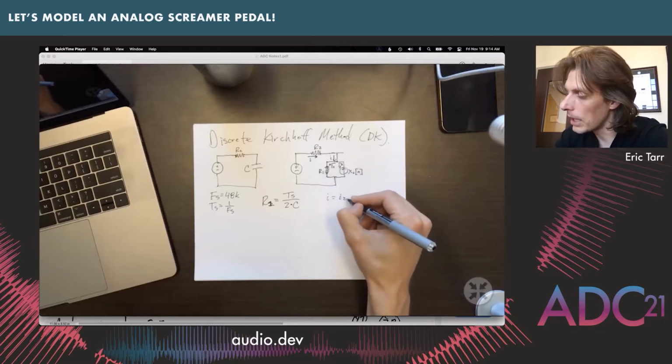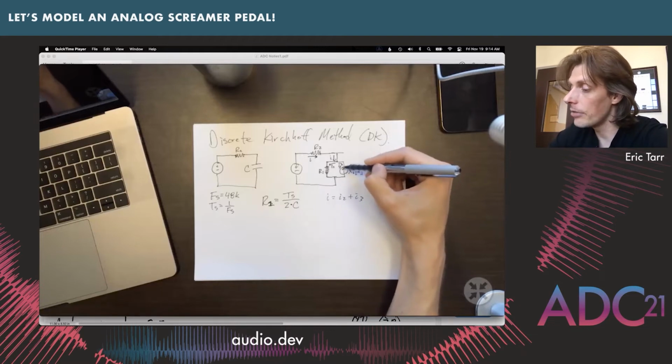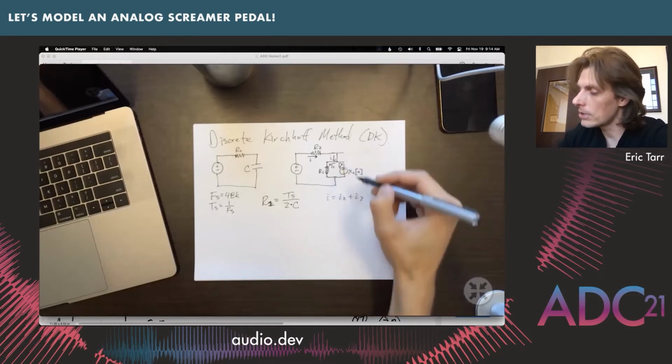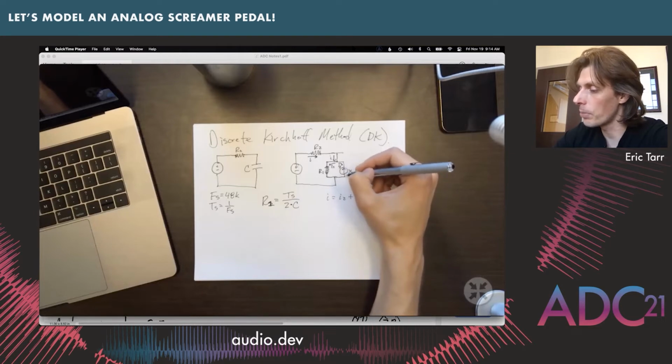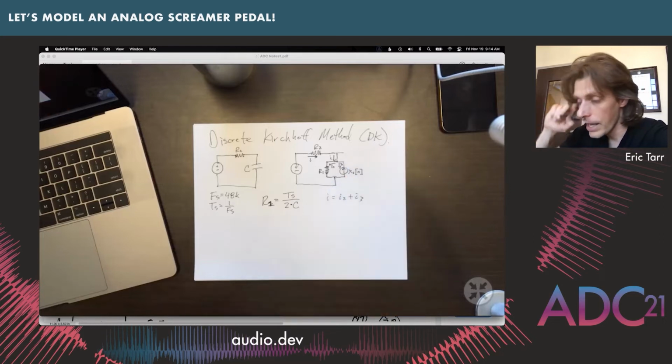So I2 plus I3. Now, I3 is going to be the opposite of this current flowing back this opposite direction. So we have this current that we're saying is going this way, but our current source points the other way. So this is pushing a current back against the one that we have going up here.